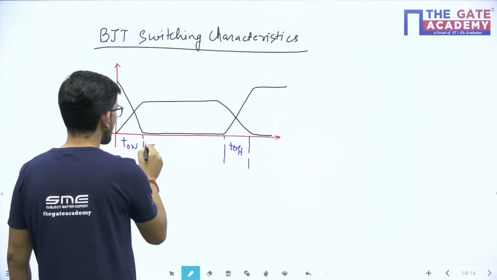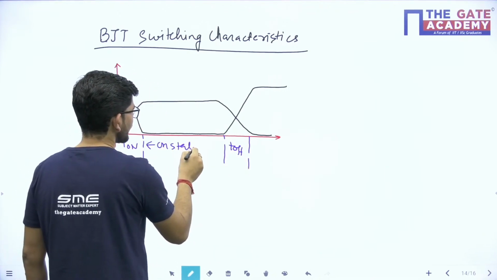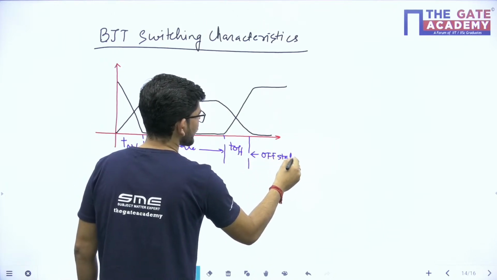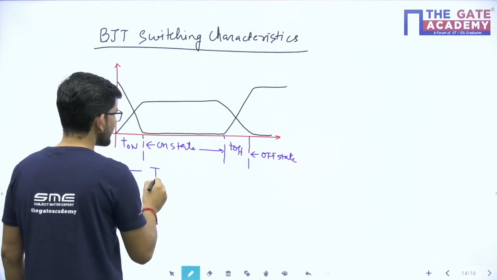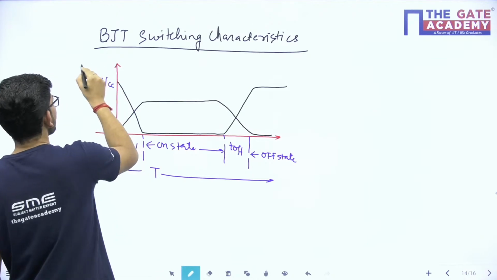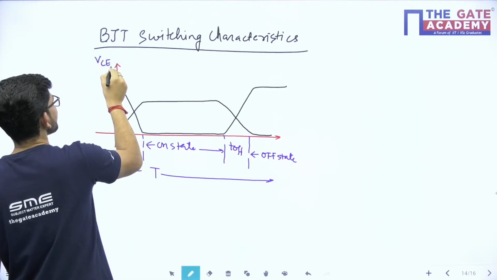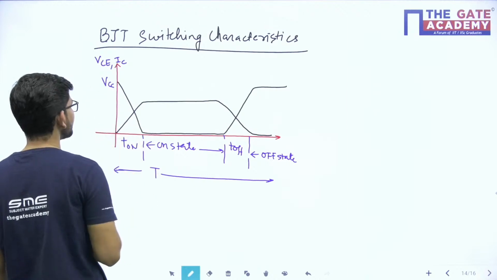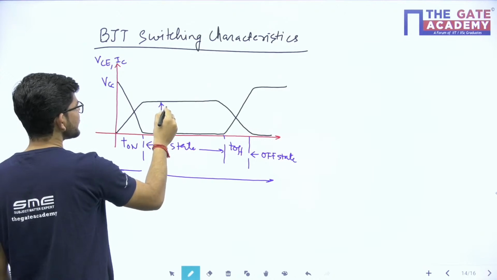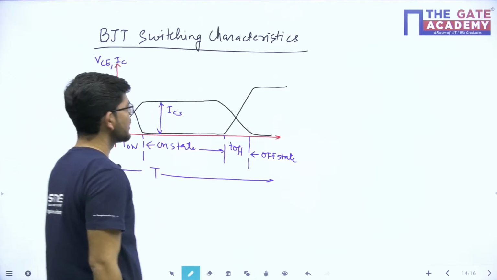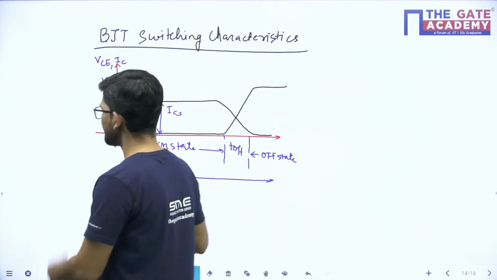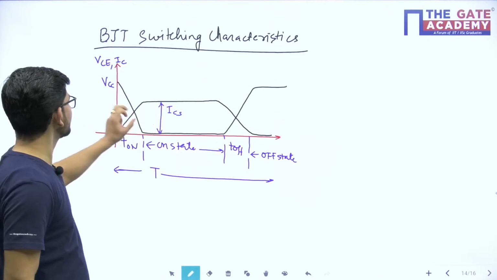This is the on state, and this is known as the off state. This is the total time that we have, and this particular value is VCC. This is the switching characteristic of a BJT. We have VCE and IC coordinates here, and this value is ICS, the current during the saturation state. When the device is on, it will be carrying full current. So this is ICS and this is voltage VCS.